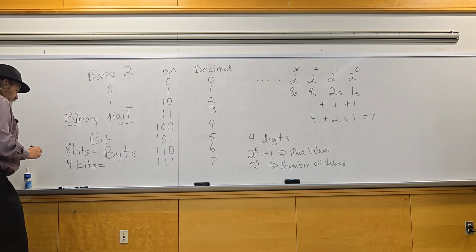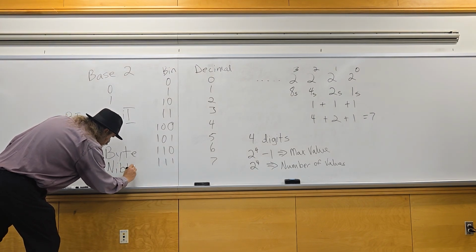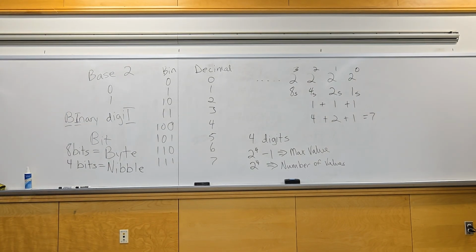So what is between a bit and a byte but a nibble? A nibble is 4 bits. You don't see that very often anymore in memory organization. Memory is typically organized in bytes or words.